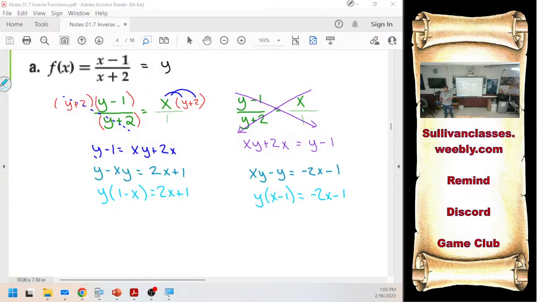Oh, they are the same. If I take one of these equations and just multiply everything by a negative, I'll get the other one. They're the same thing.